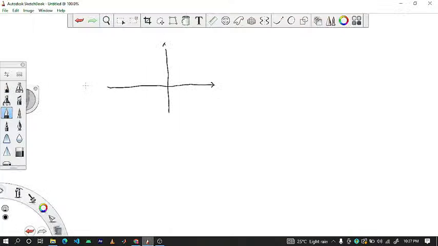So at -1, I'm having a pole here. At -2, I'm having a zero. Then at -6, I'm having another pole here. And then at -8, I'm having another pole here. So now we are done indicating our zeros and poles in the plane.